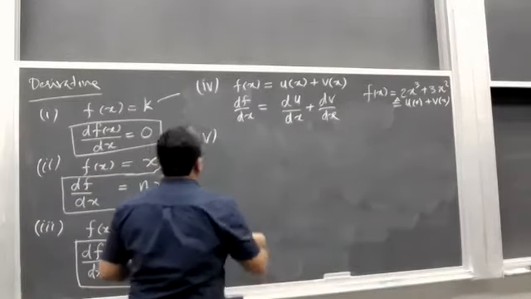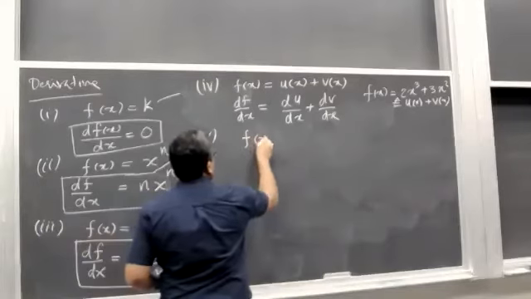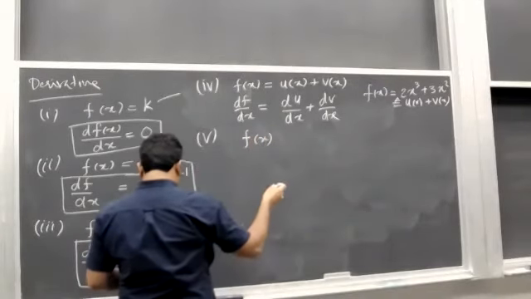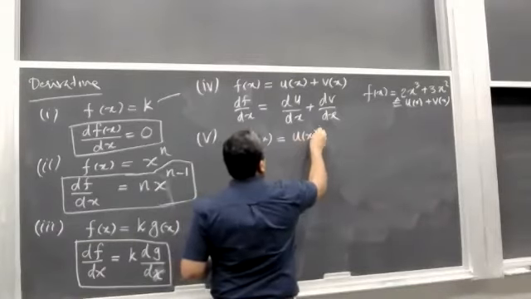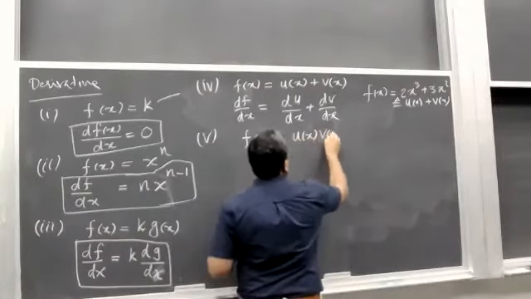The product rule. So if you have a function, this is a bit more, you have to be a bit more careful because the previous rules were simpler.